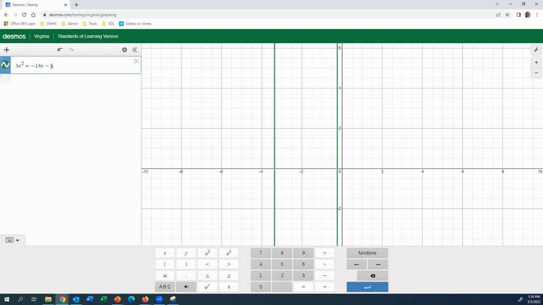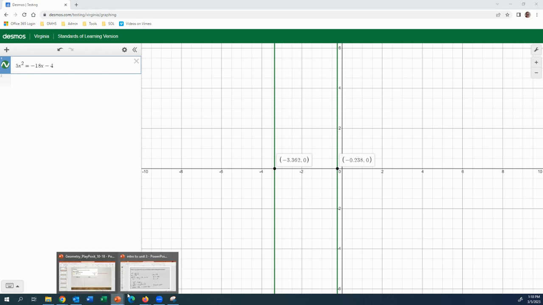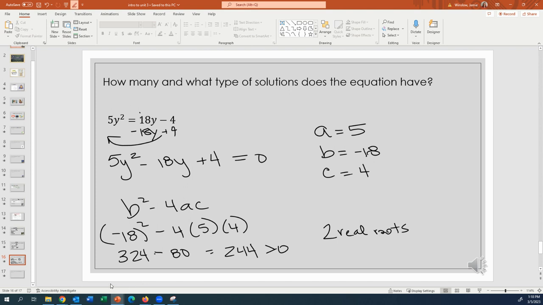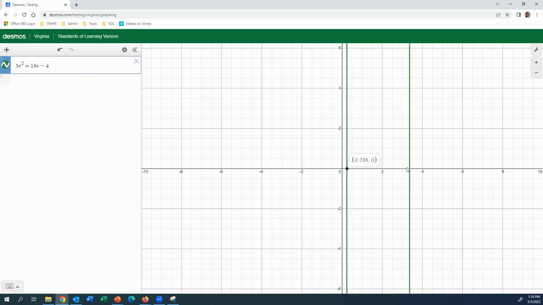I'm just going to put it in exactly how we had it. There it is. There's our 2 real roots. They're decimals. That's totally fine, but they're real numbers. Oops, it's a positive 18. Why do I do that? It's like my brain can't even store. Okay, there we go. Still 2 real roots.